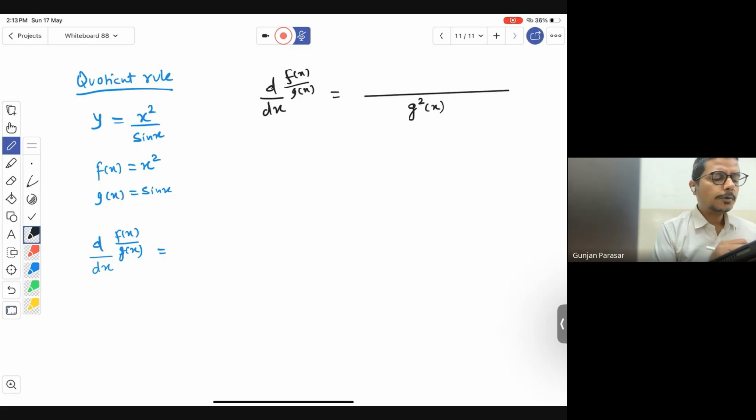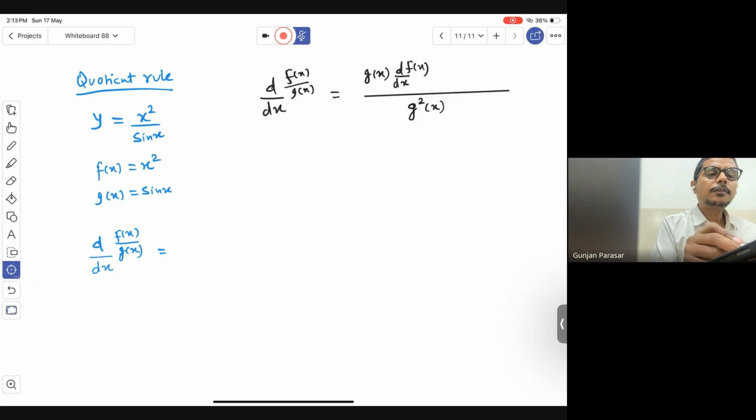Then some operation is done to g, he might be tired. We will tell him you take a rest. Then you keep g of x as it is, and we multiply it with the differentiation of the numerator, which is f of x. Something like the product rule, no? We do differentiation of one thing, we keep the other thing intact. So first I will keep the denominator intact.